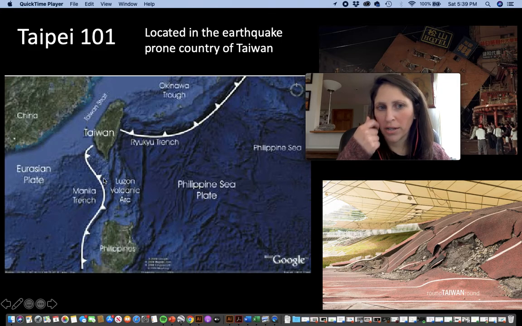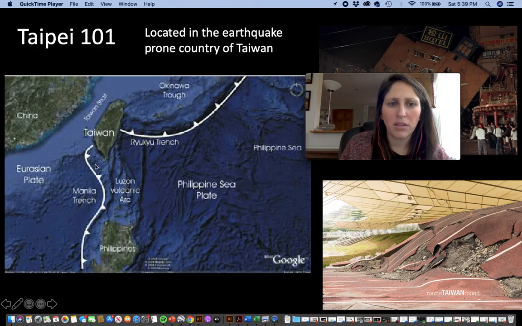That's where Taiwan is, and you can see on this diagram that it's the location of a double convergent boundary. The Eurasian plate is subducting under the Philippine Sea plate in this area here. But for whatever reason, there could be a different density going on in these plates on the northern boundary, where the Philippine Sea plate is subducting underneath the Eurasian plate.